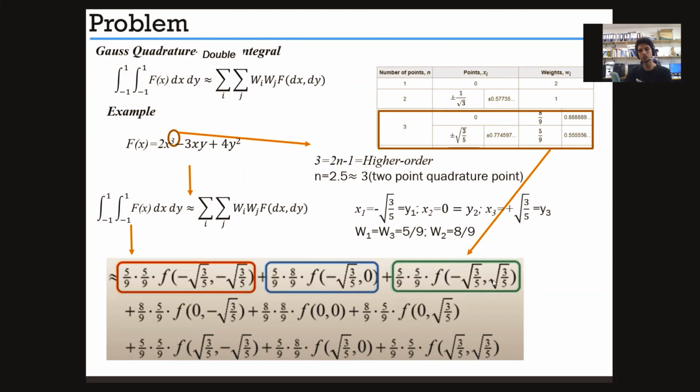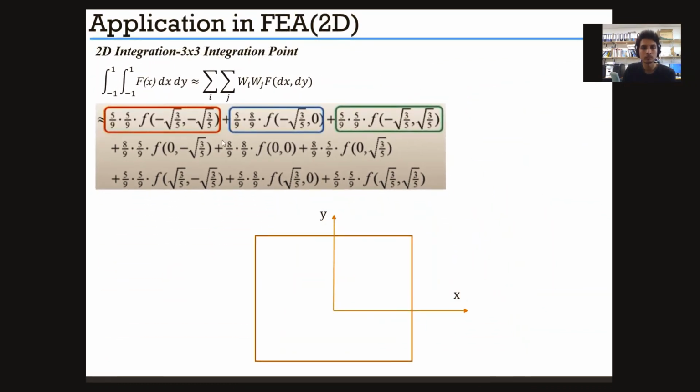We will just follow the formula here, and input the value of x1 y1, or x2 or x3 or whatever, and we will also input the value of w here, and we can get the total form like this. And from this equation, we can detect where the point is located.